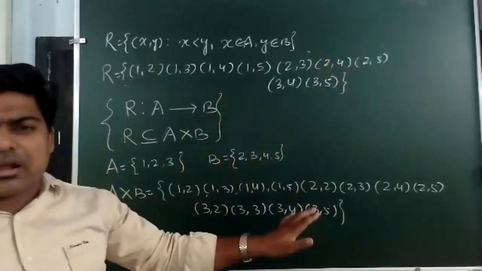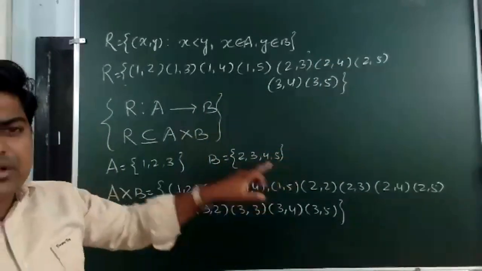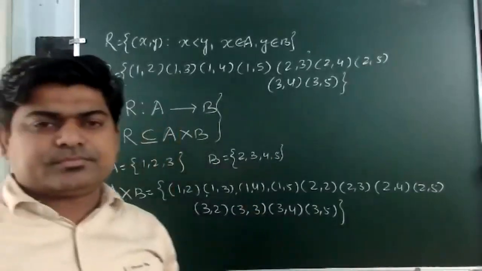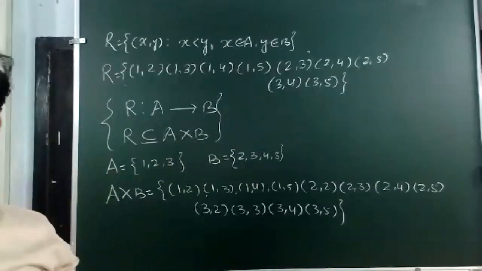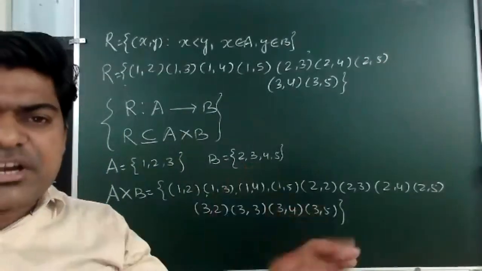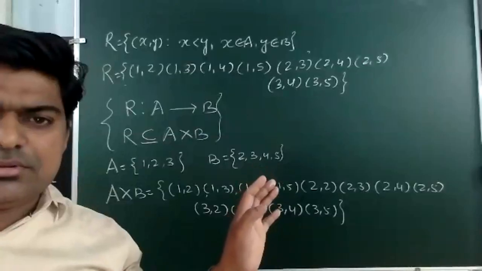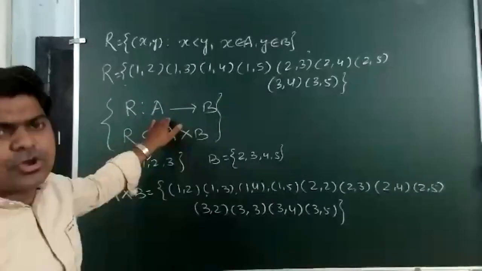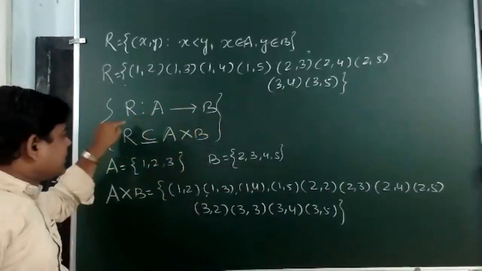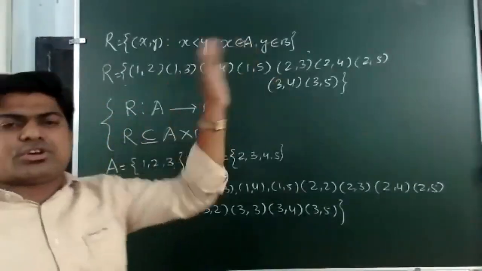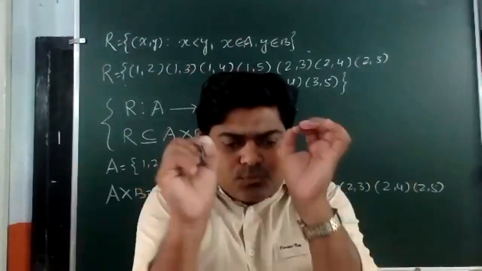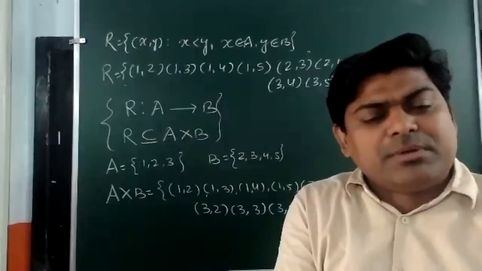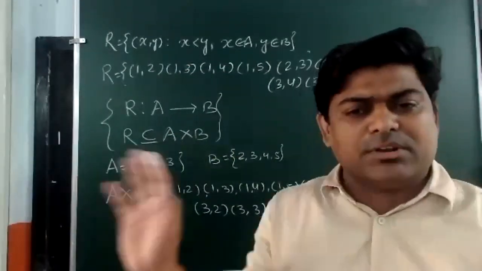This will be R. And now see carefully: is R a subset of A cross B or not? That much only is given in the book. If a relation is defined from A to B, then that relation should be a subset of A cross B. What the relation between the first and second elements is will be different in different questions, and that will be given in the question.